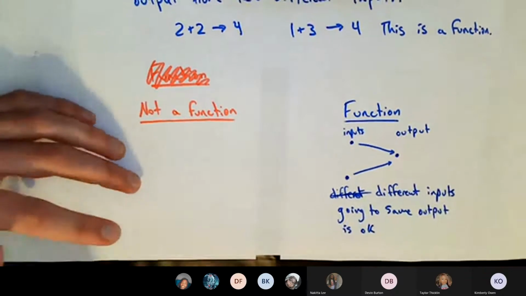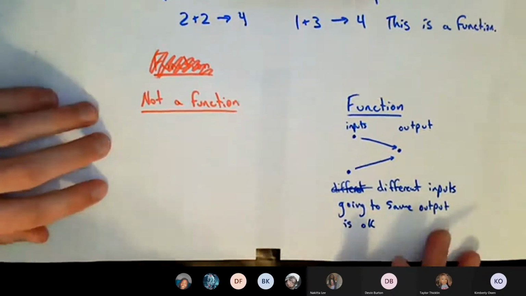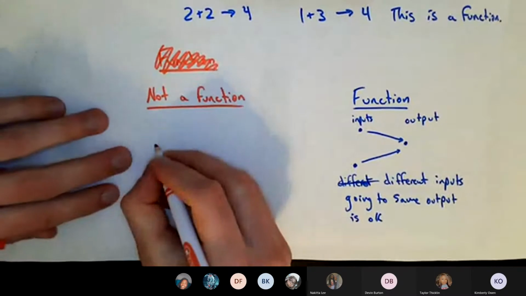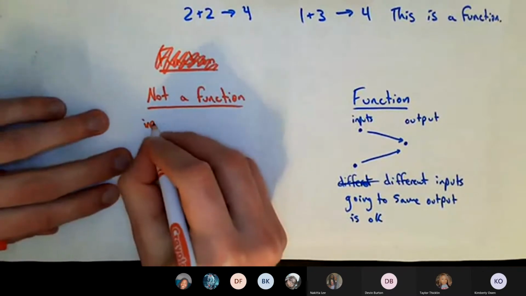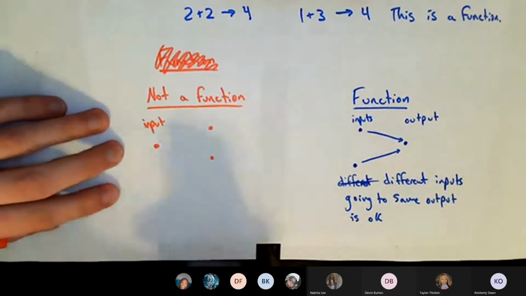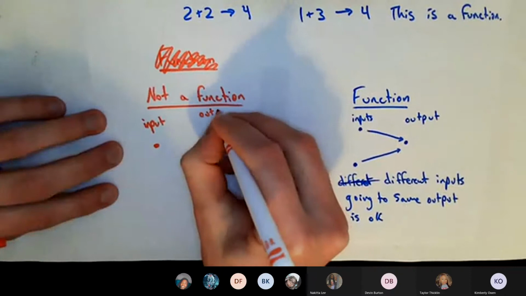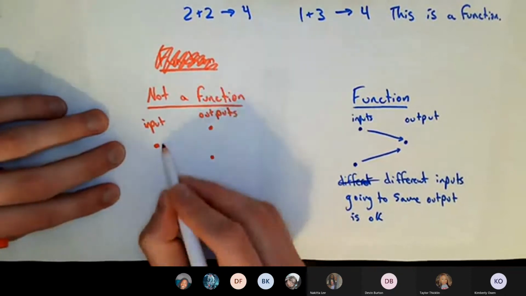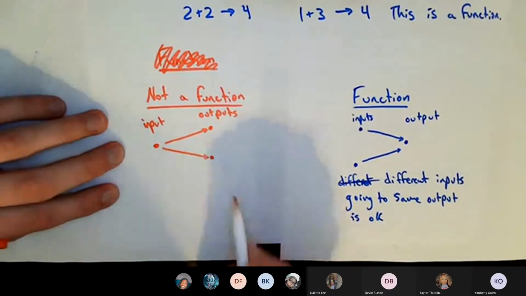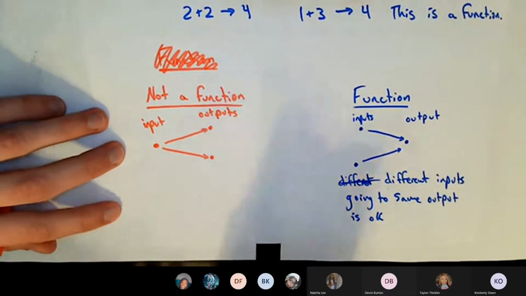All right. Now over here, not a function would be kind of the opposite picture. One single input. So if I invert this picture, right? One single input for multiple outputs. This would be like if 2 plus 2 yielded 4 and 2 plus 2 yielded 7.